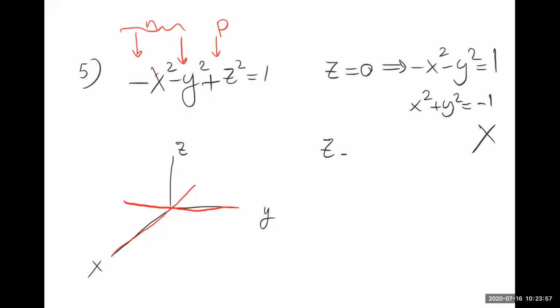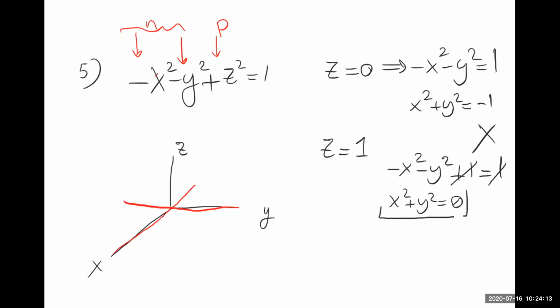What about the case where z is 1? Well, then minus x squared minus y squared plus 1 equals 1. I can cancel these two numbers. In other words, x squared plus y squared equals 0. Okay, z is 1. It's here. z equals 1 is the plane here.